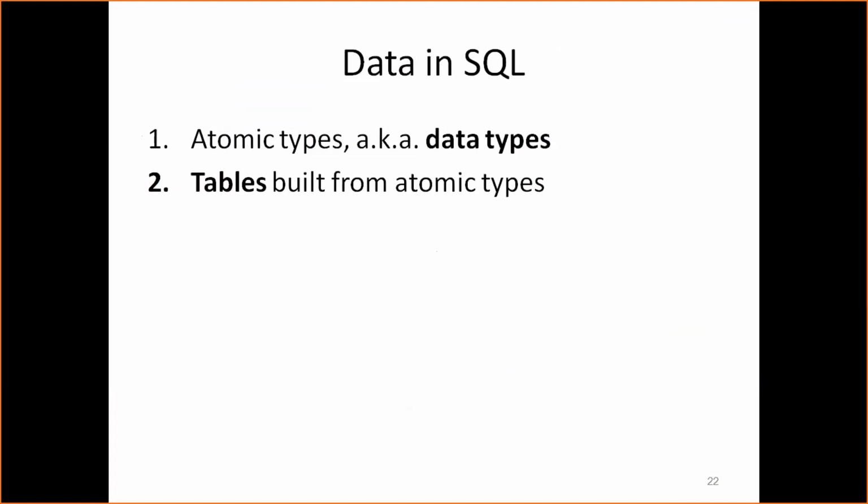A table has one or more columns of these data types together. Let's say I have one column for student ID, a second column to represent the name of the student, and a third to represent the phone number of the student. Combining those three columns, I'm saying a table has three columns.